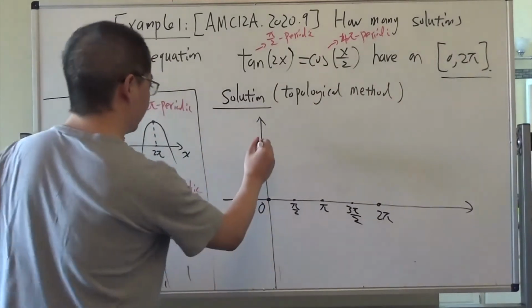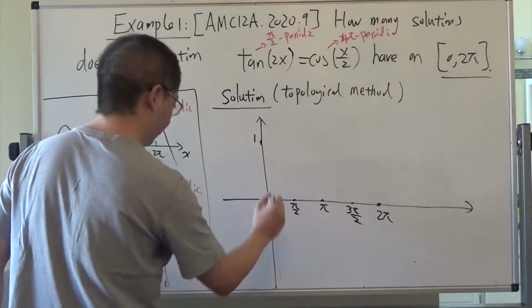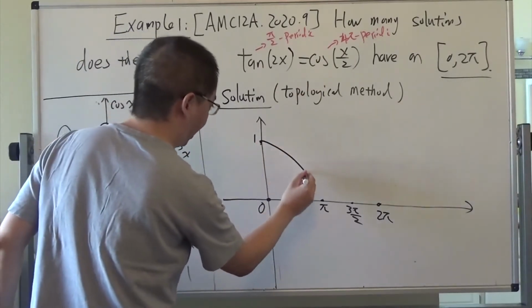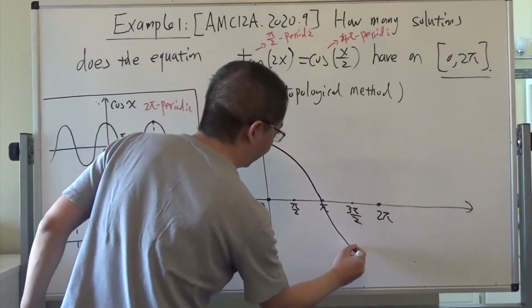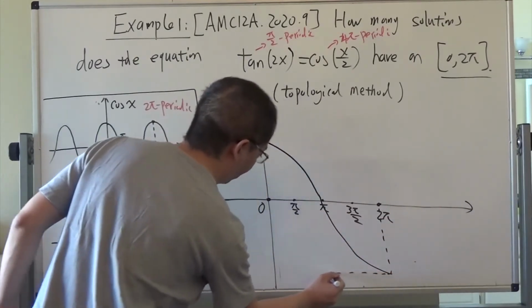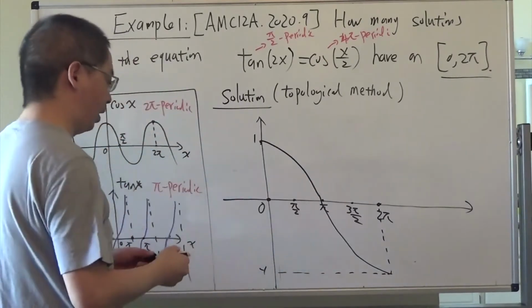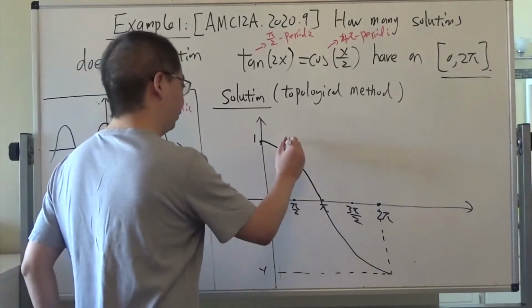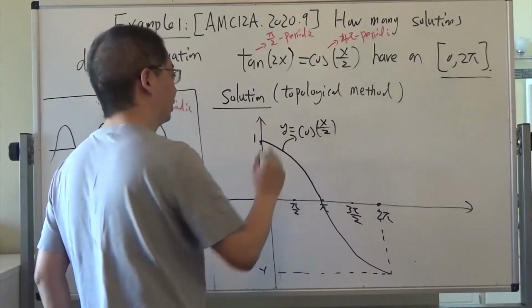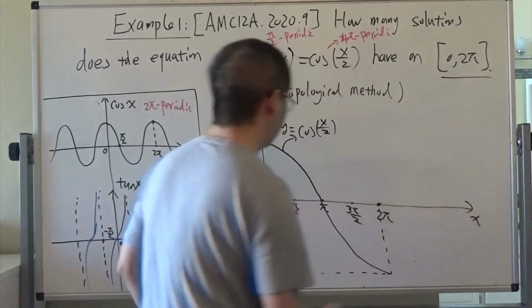So cosine x over 2 starts from 1, and it equals 0 at pi. And then it goes to right here, which becomes -1. So this is the graph of y equals cosine x over 2.